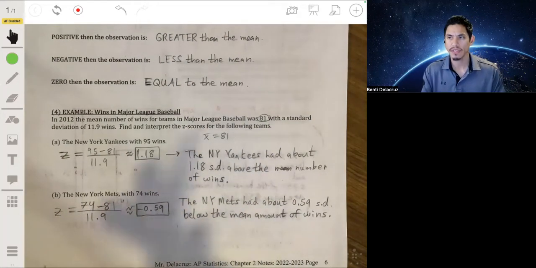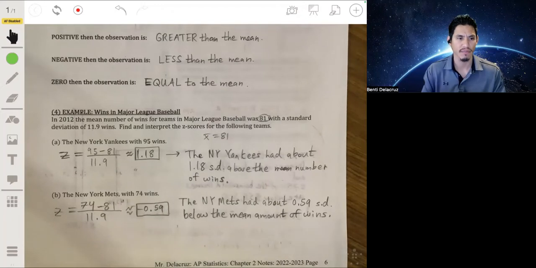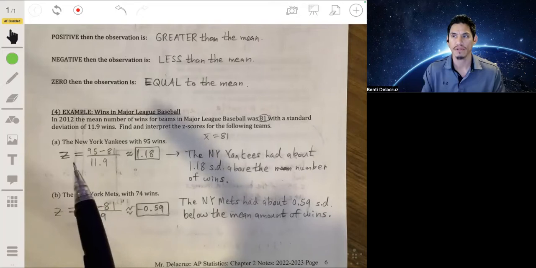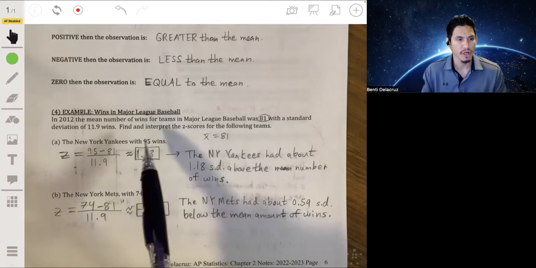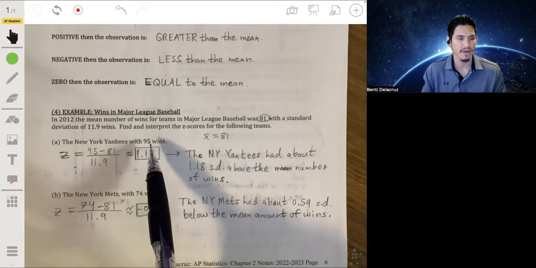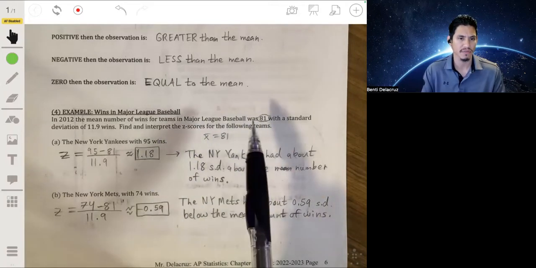Now, always keep in mind the context of the problem, because you don't want to rely on formulas and lose your thinking and make some ridiculous mistake. If the average number of wins is 81 and the New York Yankees had 95, we know that they're better than average, because 95 is more than 81.